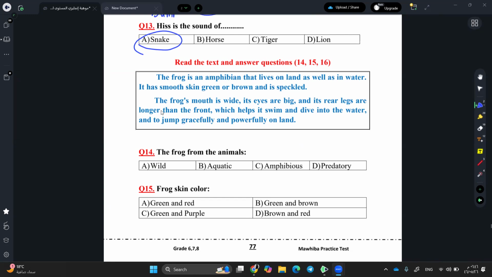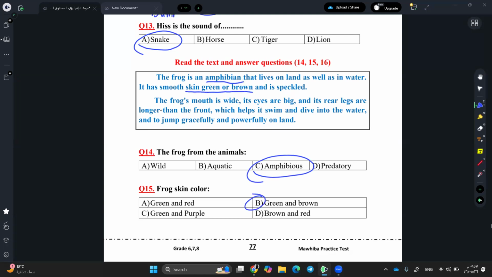The frog from the animals, the answer is C. Excellent. C. As mentioned in the text, the frog is amphibian. Okay. Question number 15. Frog skin color green and brown.